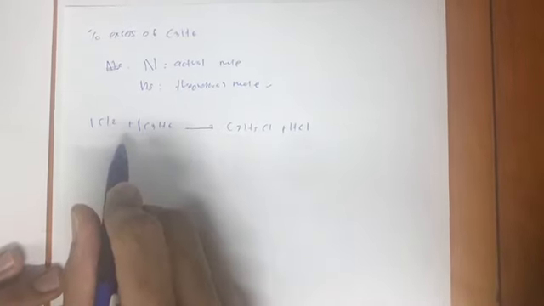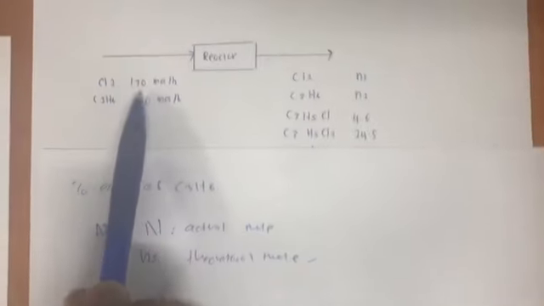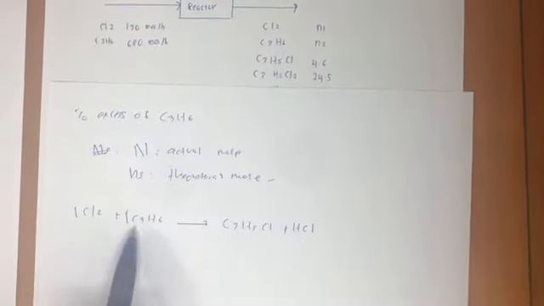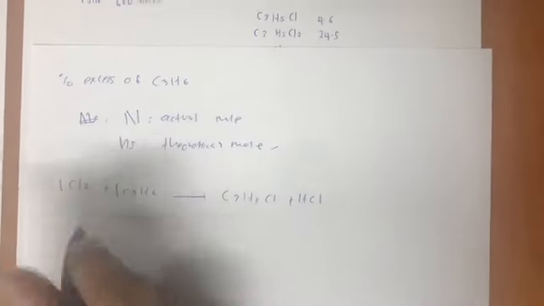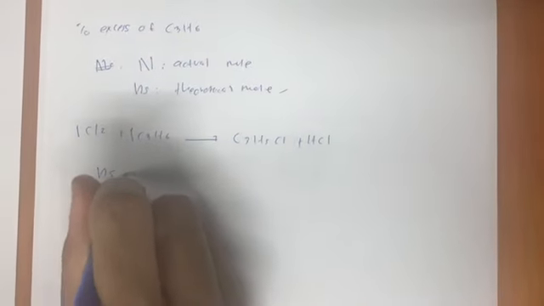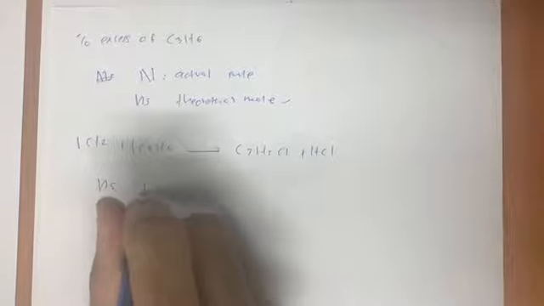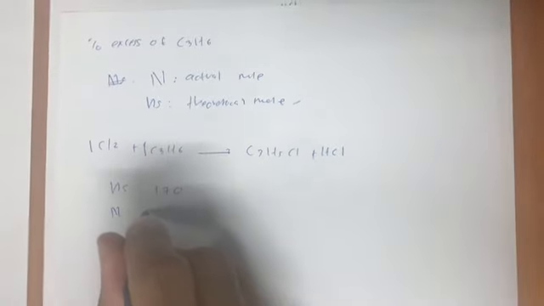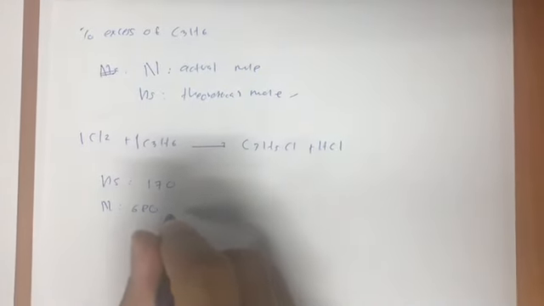In this case, 170 mole per hour of Cl2 will react with 170 mole of C3H6. So that is our NS, 170. Meanwhile, the actual mole is 670 mole per hour.